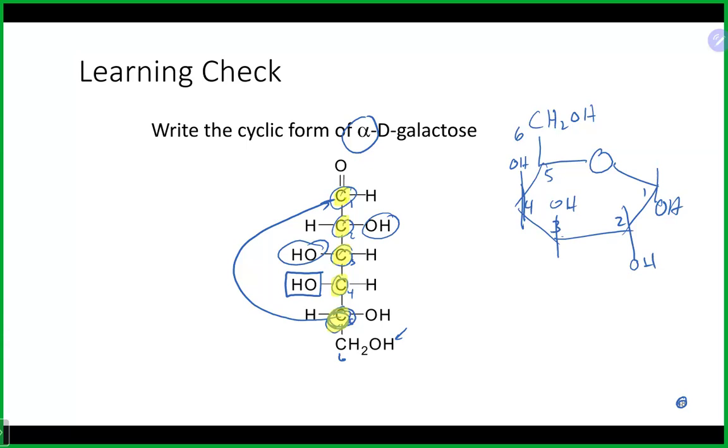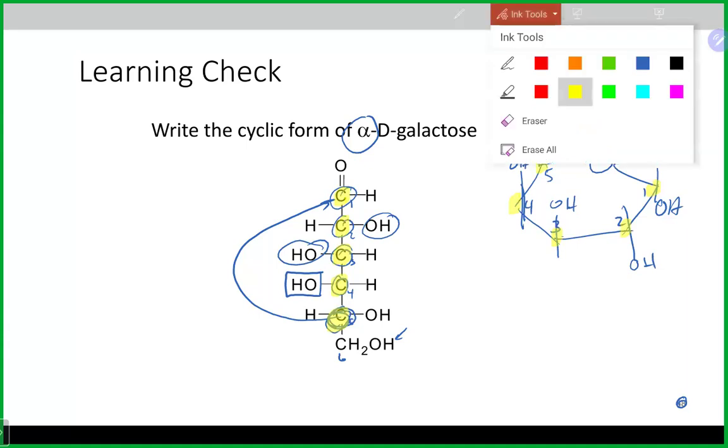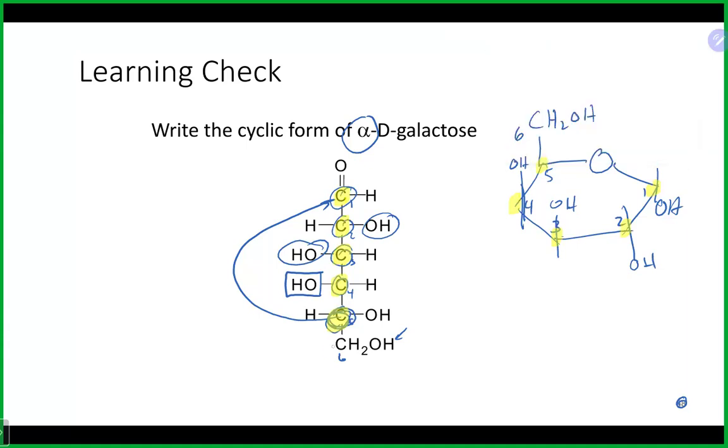That's why in this ring, even though it looks like cyclohexane, we actually only need 1, 2, 3, 4, and 5 carbons. Those are the 5 carbons that get in there. So this group here is really not part of the ring formation. It gets left out, and it ends up up on top. We don't need any extra carbons in this case because we have enough in the ring that we drew.